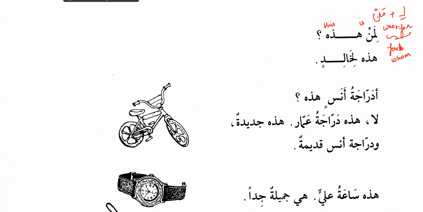Hazihi li Khalidin. Now, harf jar li means for. So you will say this is for Khalid. This will be your answer. Darajatu Anasin. This is questioning tool. Never make a mistake that this is the spelling of Daraja from the letters of Daraja.